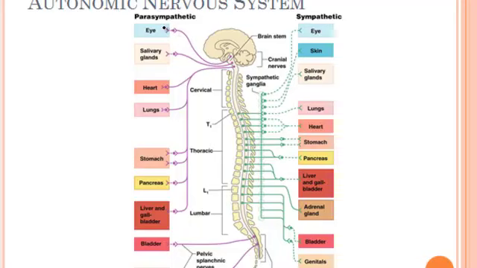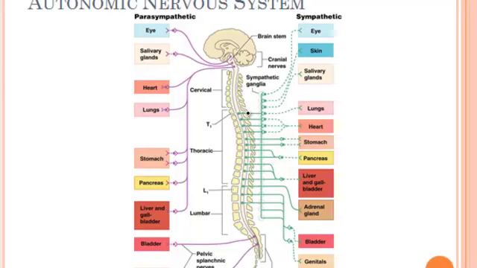That means that the ganglion is near the organ that is being affected by the parasympathetic system. The sympathetic system is opposite. So you have a shorter preganglionic neuron and a very long postganglionic neuron, so that the ganglia are closer to the central nervous system, closer to the spinal cord.